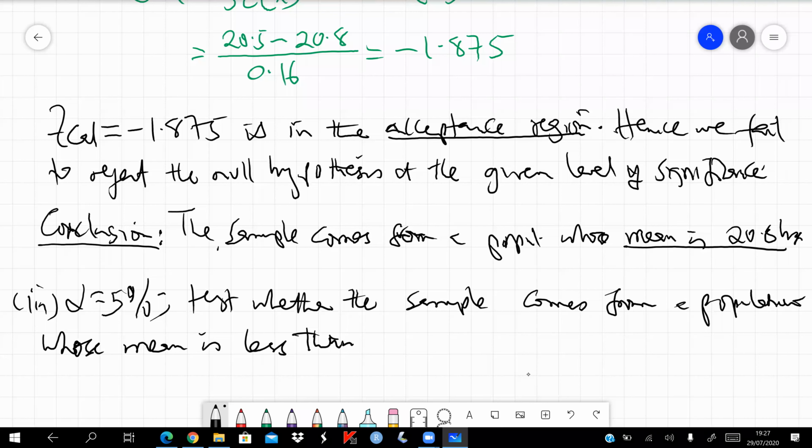We can even do it at 1%, doesn't matter. Actually, I want you to do it at home at 1%.